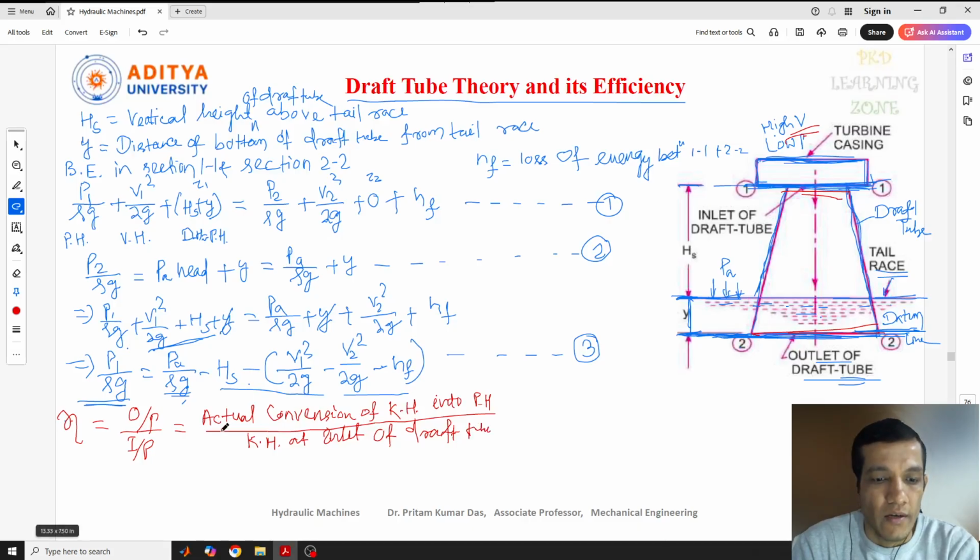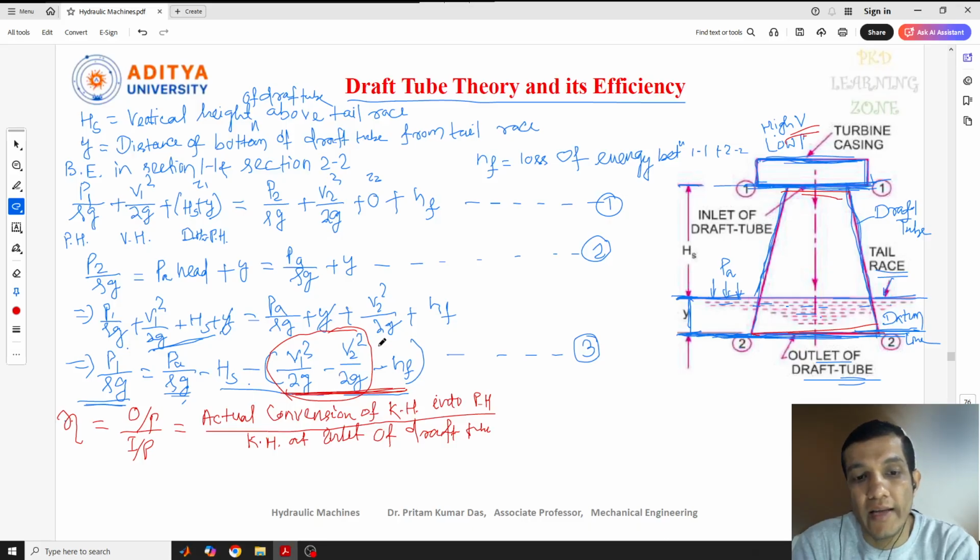The terminology here is considered as the actual conversion of head. But if you say only theoretical, I can consider only this part: V1 square by 2G minus V2 square by 2G. That is our theoretical conversion of kinetic head into pressure head.